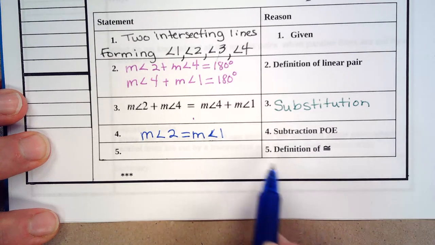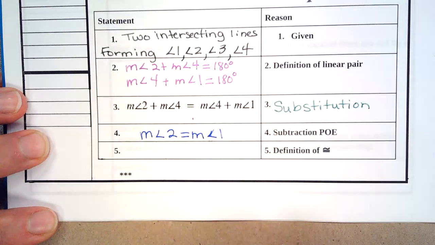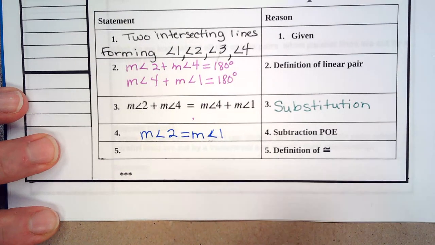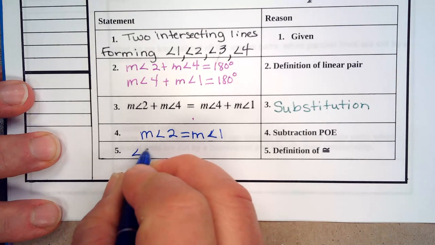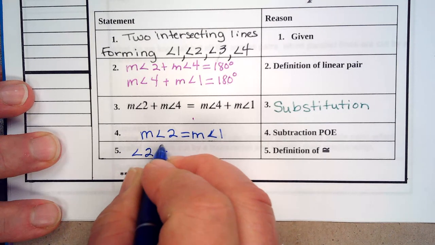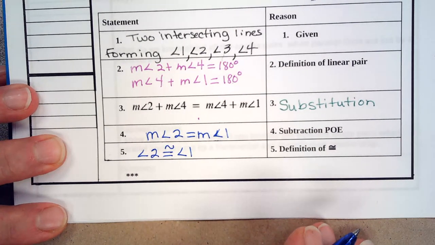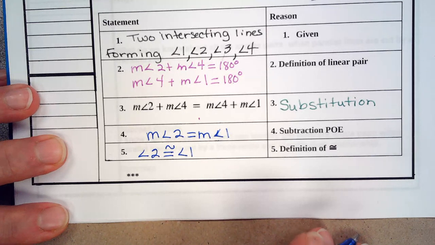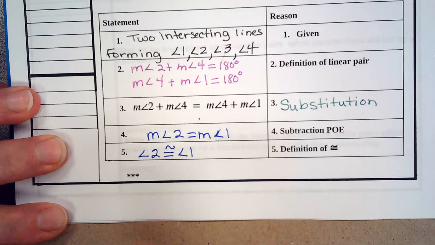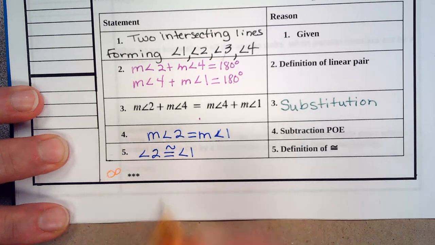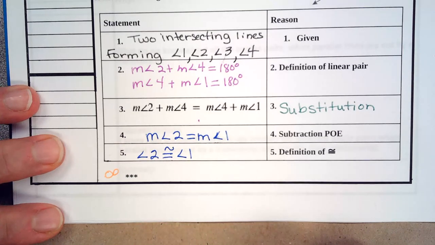Okay, now, we always end with what? Vertical angles are congruent, so I will say that angle 2 is congruent to angle 1 by definition, and I am done. So I'm going to do my little infinity again, but I've only proven it for one pair.